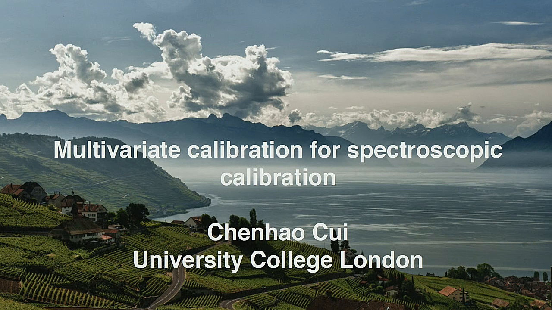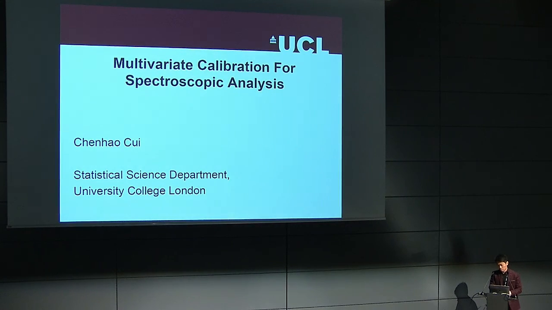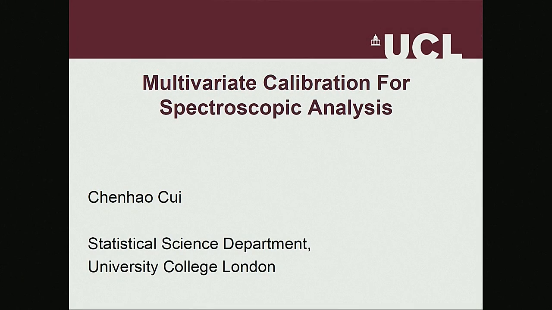Hello everyone, my name is Chen Haocui, and I'm from Statistical Science Department of University College of London. So I'm carrying out PhD research on the topic of multivariate calibration for spectroscopic analysis. So the main application of this method is in food industry. So in some sense, we are not now talking about the artificial food.